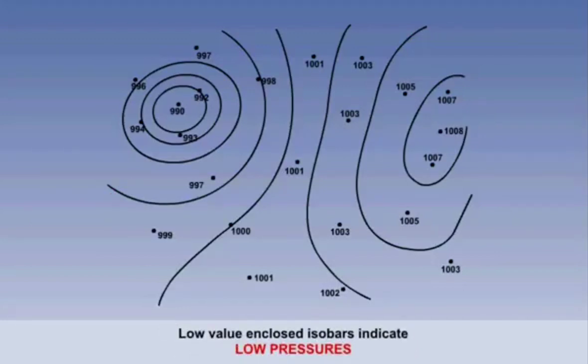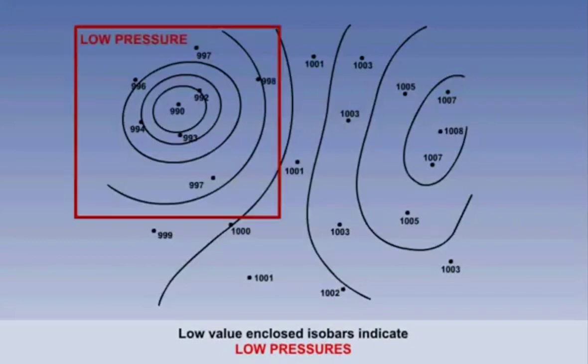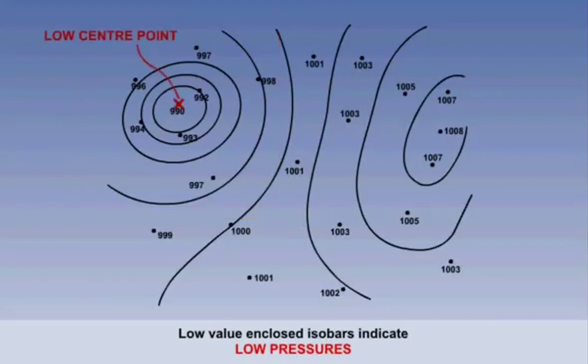Using these pressure values, we can identify areas of low and high atmospheric pressure. Lower value isobars indicate a low pressure. A concentric low value enclosed isobar shows the lowest pressure and reveals the center point.